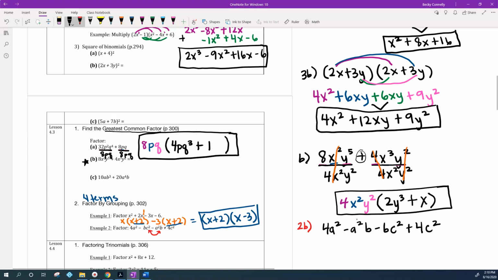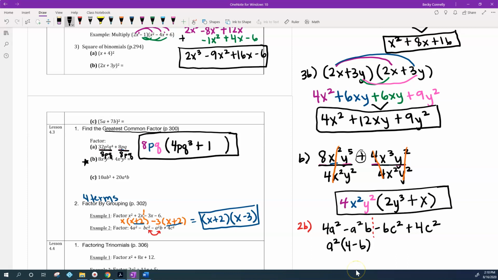Now I'm going to make my little dotted line here to show where I'm breaking it. Looking at the first 2 terms, they both have a squared in common. So a squared is the greatest common factor that's going to come out, and left is going to be 4 minus b.